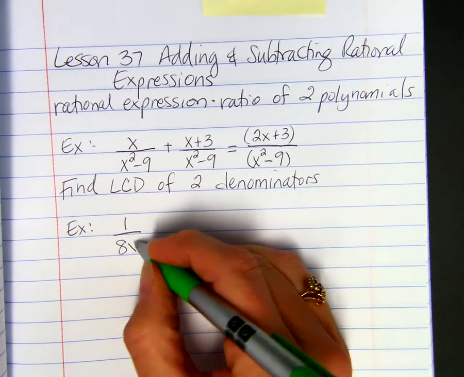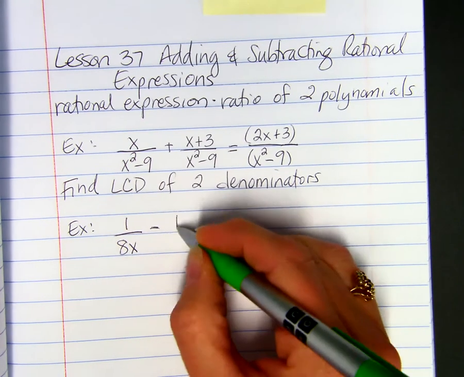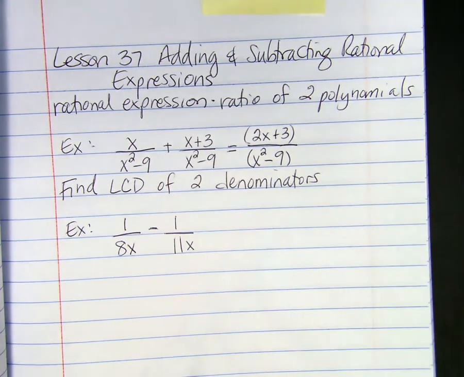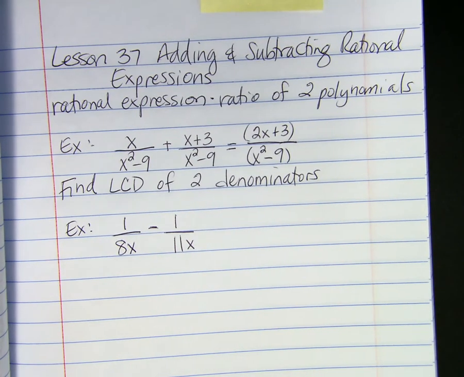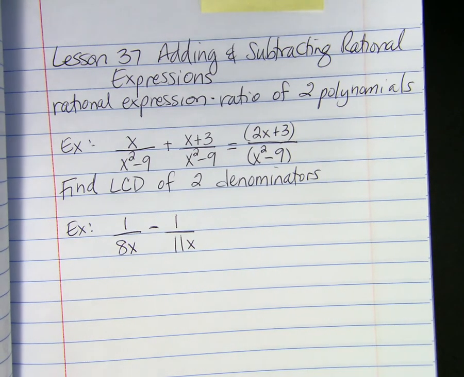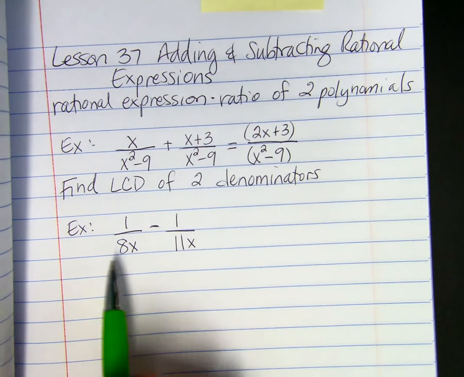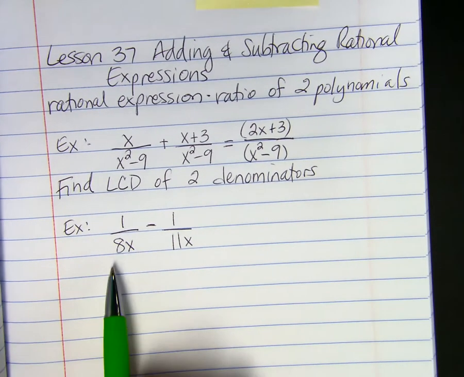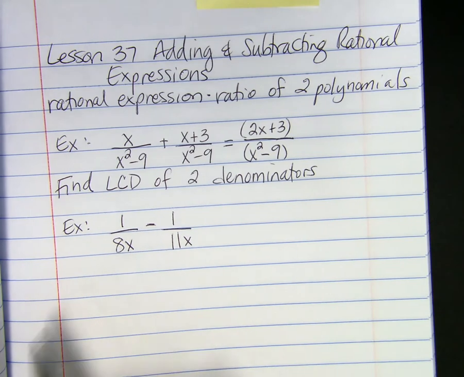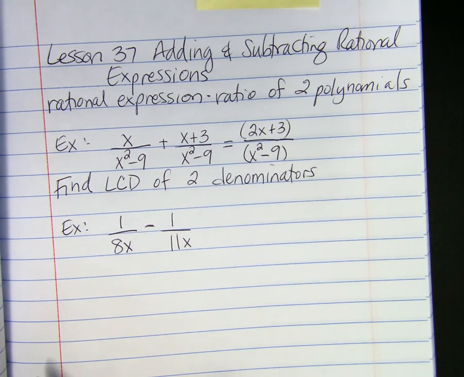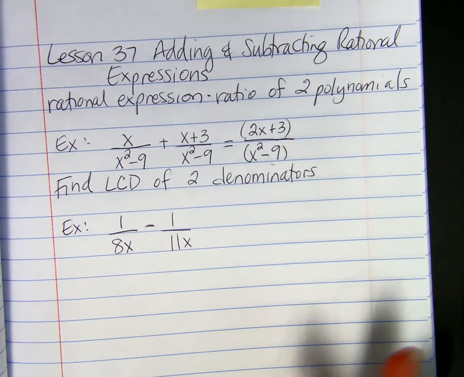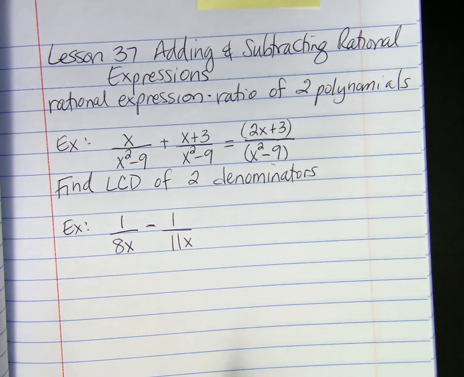Okay. So I'm just going to give you an example of finding the least common denominator. So we have 1 over 8x minus 1 over 11x. They both have an x in common, so we can leave the x there, but we need a common denominator that has the 8 and the 11 in it. Carter? 88. So I need an 88x in the denominator.